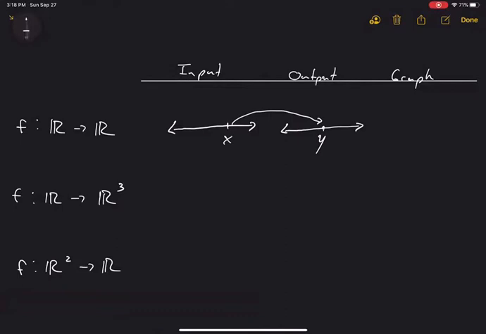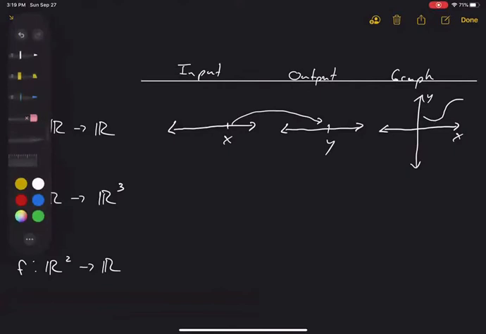Instead of having two separate number lines, we draw them as one plane, right? And that's really what this plane is. This is a number line for x, and this is a number line for y. And so when I graph my curve, it's like saying, okay, I'm pairing this x up. Let's make this a bit bigger.